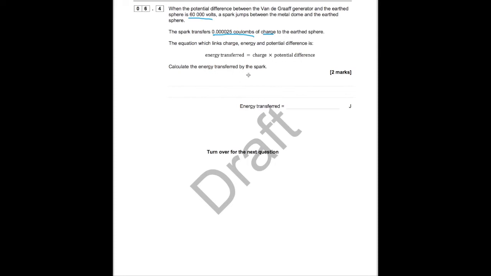Calculate the energy transferred by the spark. So the energy is going to equal the charge. Right, make sure you count the noughts correctly. So there's that many coulombs multiplied by 60,000 volts. And that's going to equal 1.5.